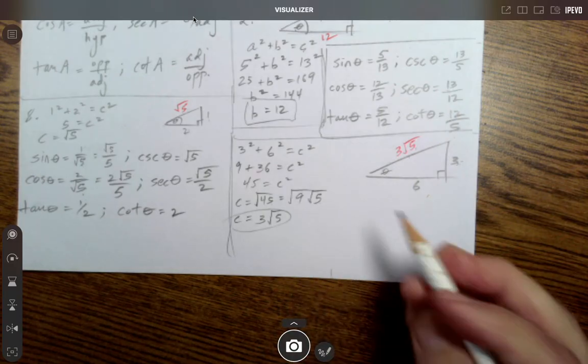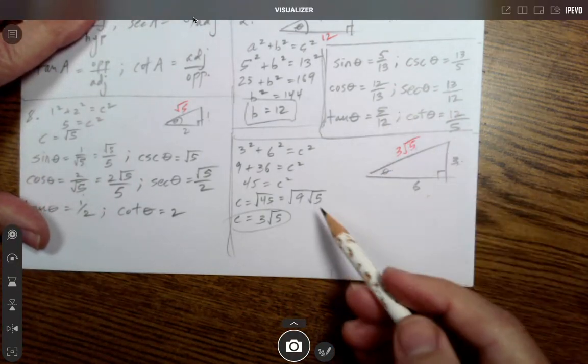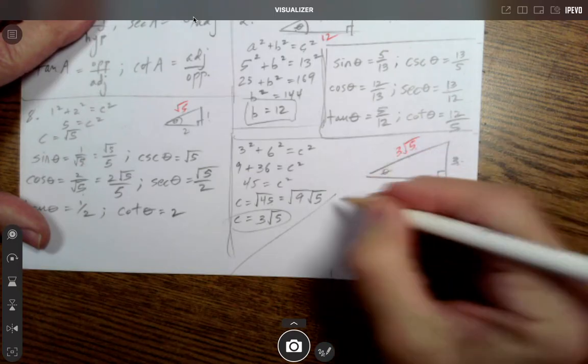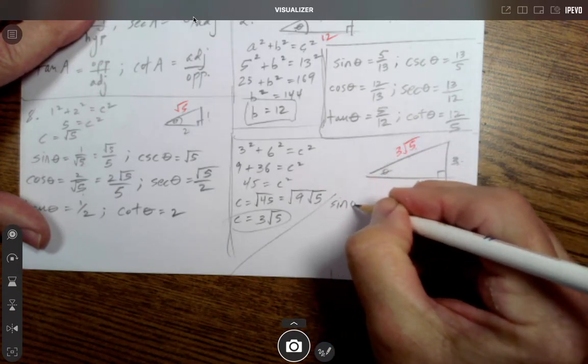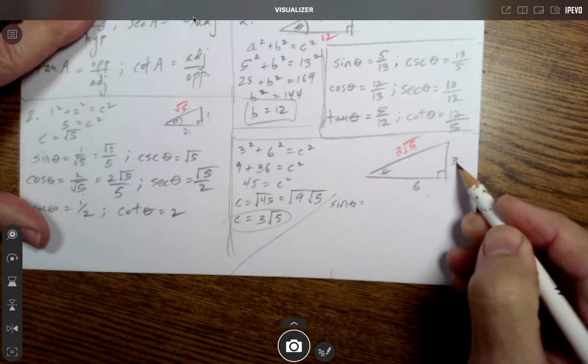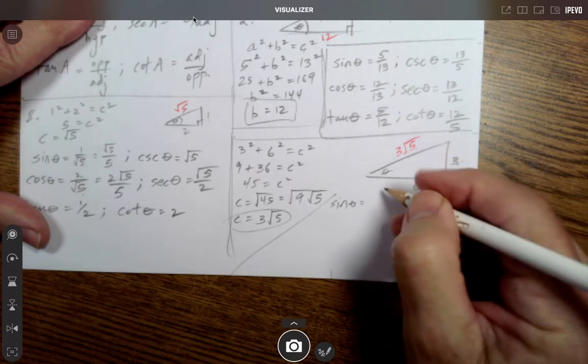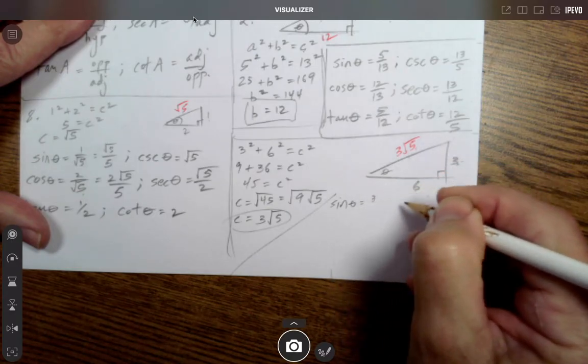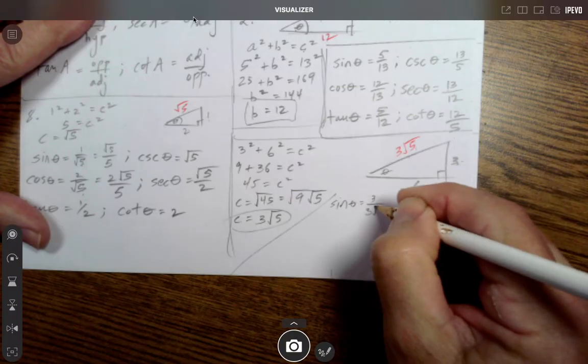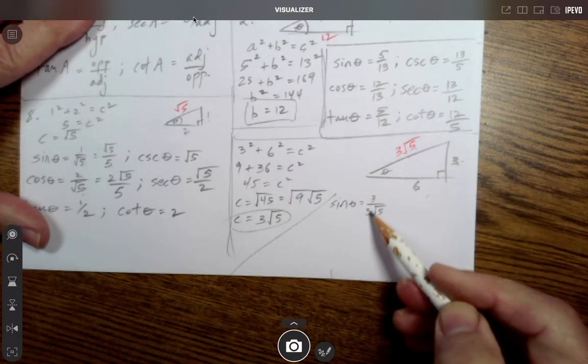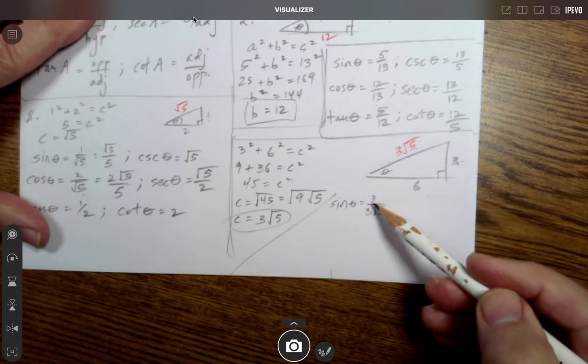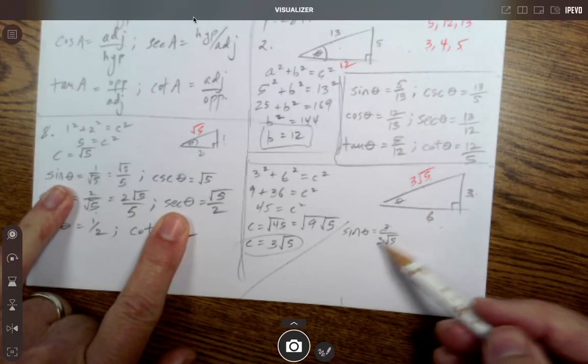All right, now when we do the trig functions, we have sine of theta is 3 over 3 square root of 5. And obviously these 3's cancel, right?